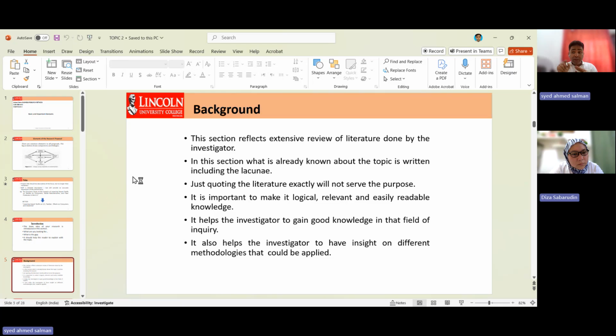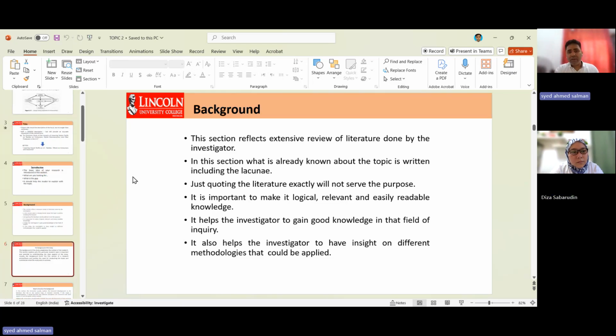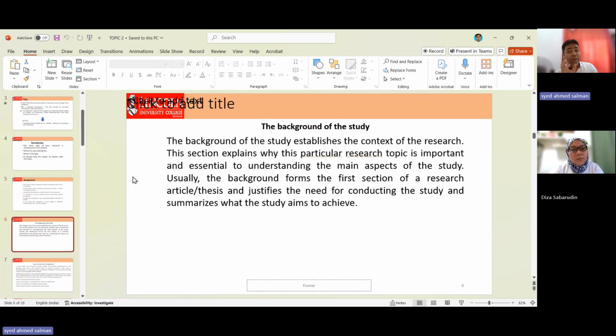You are going to write whatever has been written in that particular area, and you are going to highlight the research gap, and the paragraphs should be linked to each other. Then only it is called good academic writing. If you are not following the academic style, then people are not going to accept your research paper.